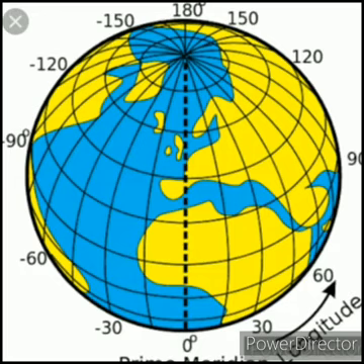Earth takes 24 hours to complete a 360-degree rotation, which means it takes 1 hour to complete a 15-degree rotation. It also means that Earth takes 4 minutes to complete a 1 degree rotation.